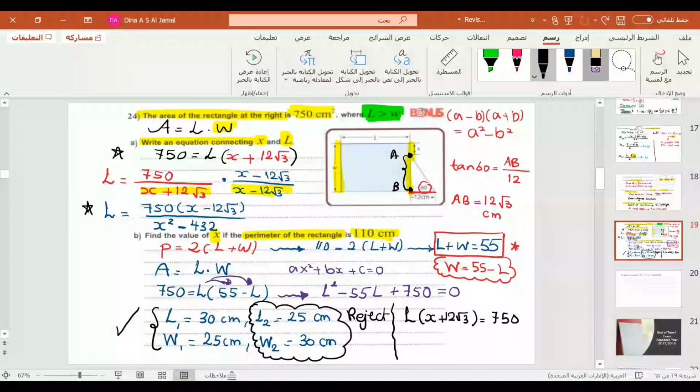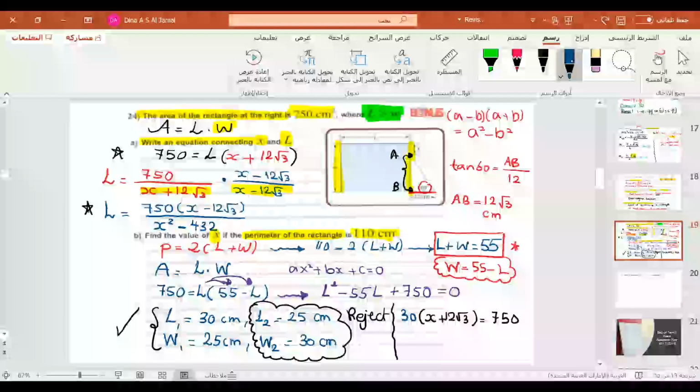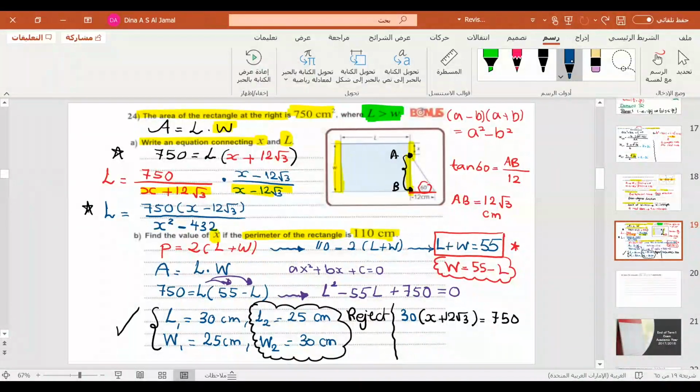And now we know that our L is 30. So we can put it from the beginning. Divide both sides. You will be having X plus 12 square root of 3 equal to 25. Subtract both sides. You will be having your X as 25 minus 12 square root of 3, which is approximately 4.22.